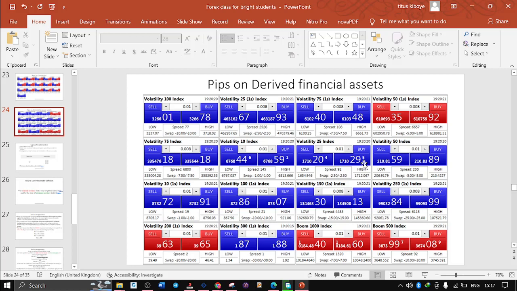You see the heading up there: pips on derived financial assets. So this is the same thing, we have 5 pipettes, 9 pips, 29 pips, and so on.